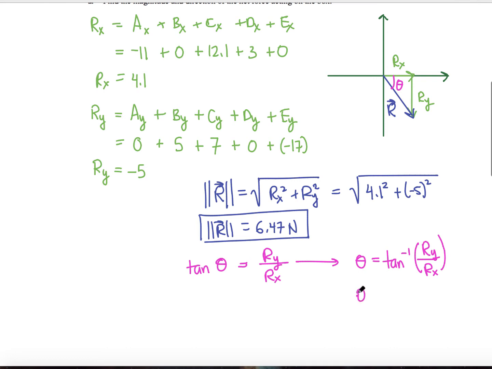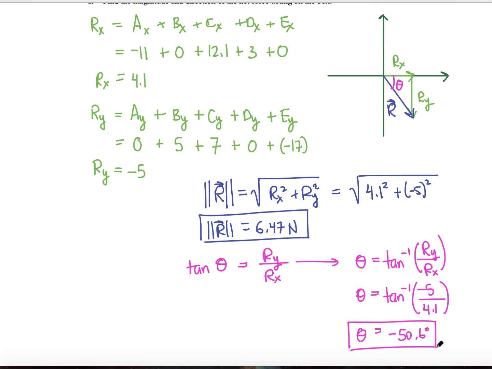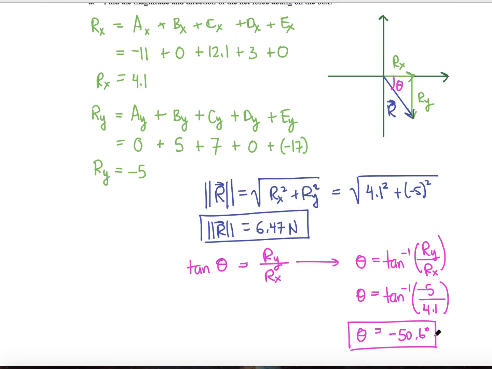So just substitute in your Rx and Ry values. Ry was negative 5, and Rx was 4.1. So we want to find the inverse tangent of that, which is negative 50.6 degrees. And that's it. That's all we need for this problem.